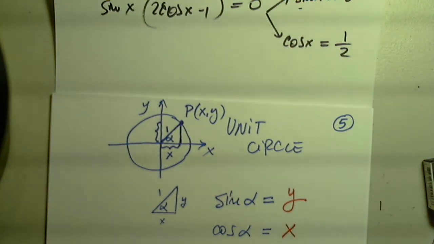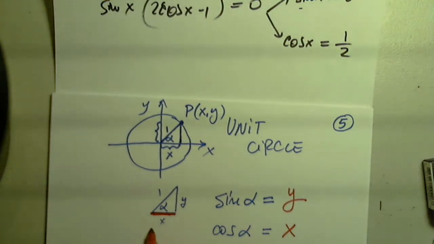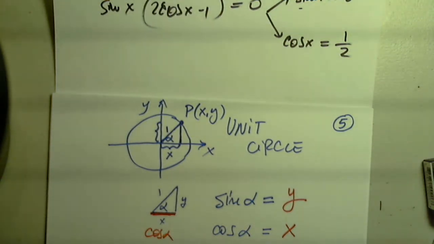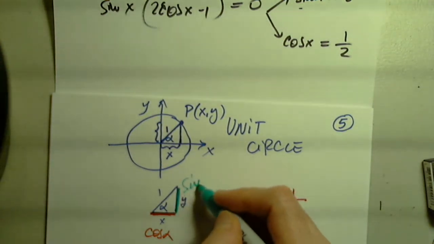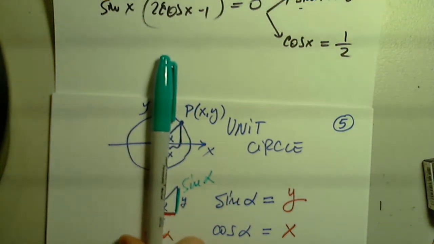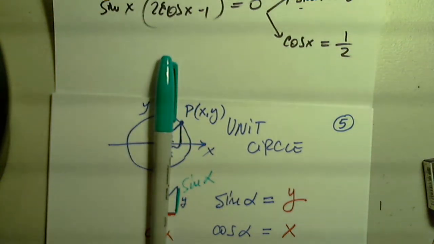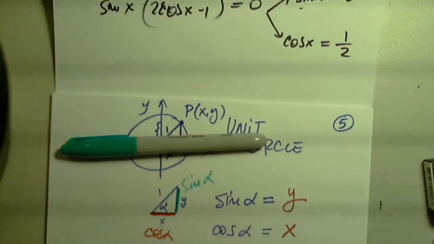Yes, awesome. So basically this is cosine alpha, and this is sine alpha. So please remember, sine is measured on the y-axis, and cosine is measured on the x-axis.